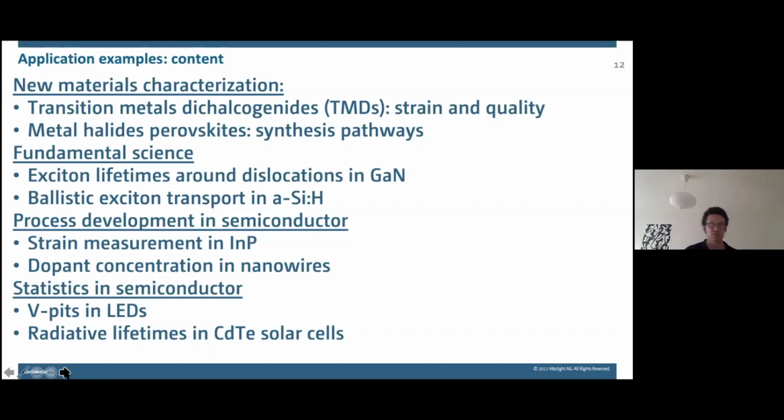Process development is when you want to create a first device, and then once you have this device, perhaps you want to make it large scale, or upscale your production.